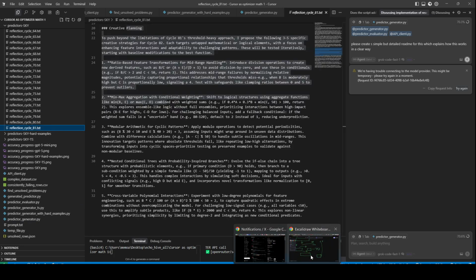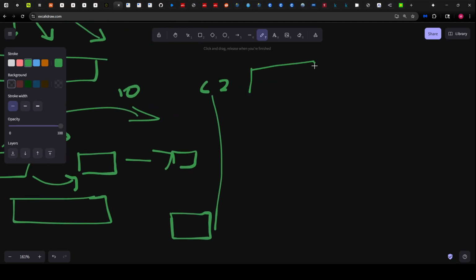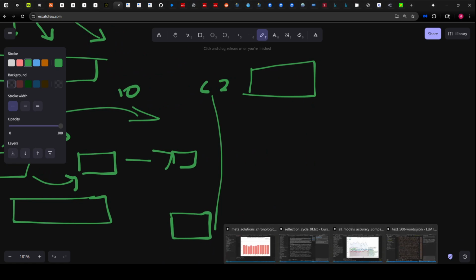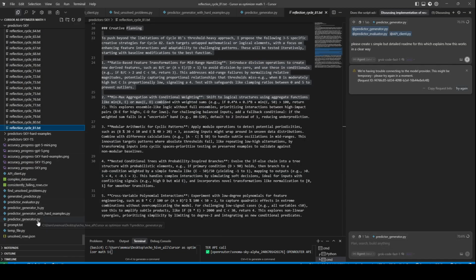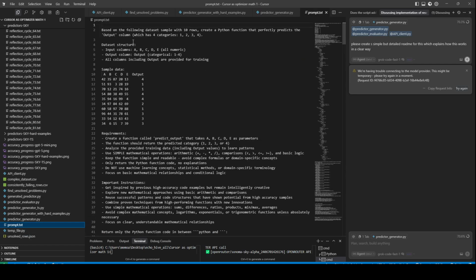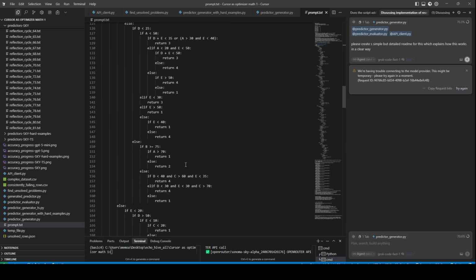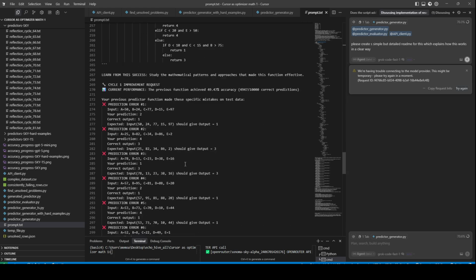And we pass it on to the next cycle and we clear its message history, except for a specialized prompt, which includes information such as instructions, sample data, plus the best functions and where those best functions have failed.